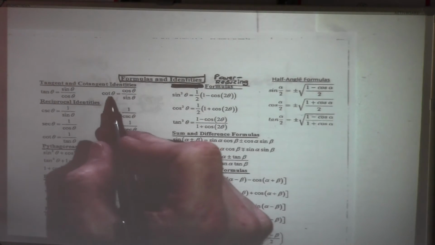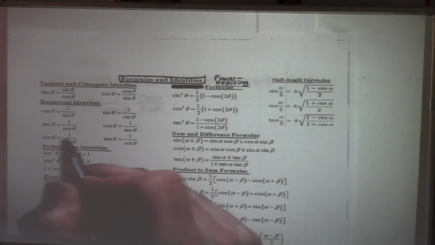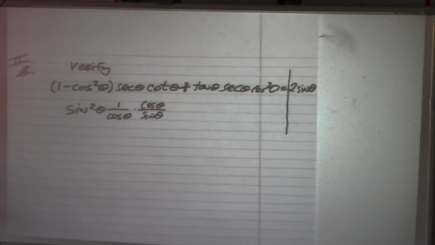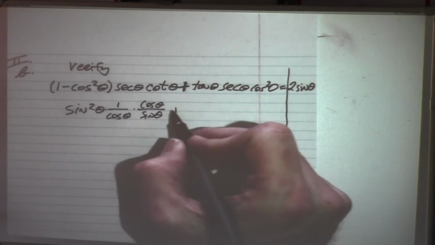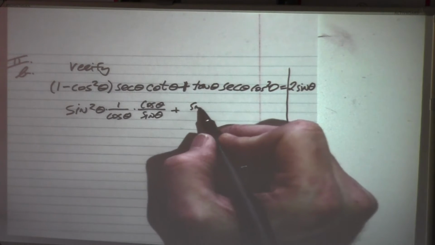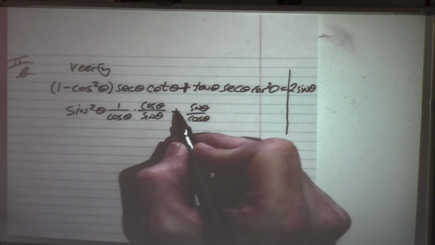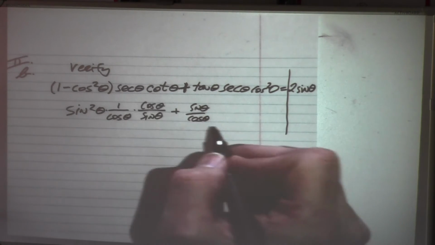That is one of these tangent-cotangent identities. Cotangent is also 1 over tangent, but in this case we want cosines and sines, so we're making it cosine over sine. And then plus, well, tangent will be sine over cosine. Too bad that's not multiplying, because if it was, we'd just cancel out the sines and the cosines.